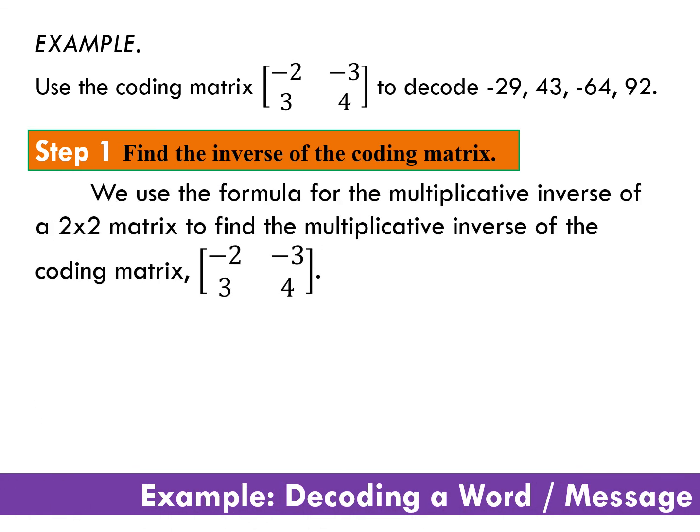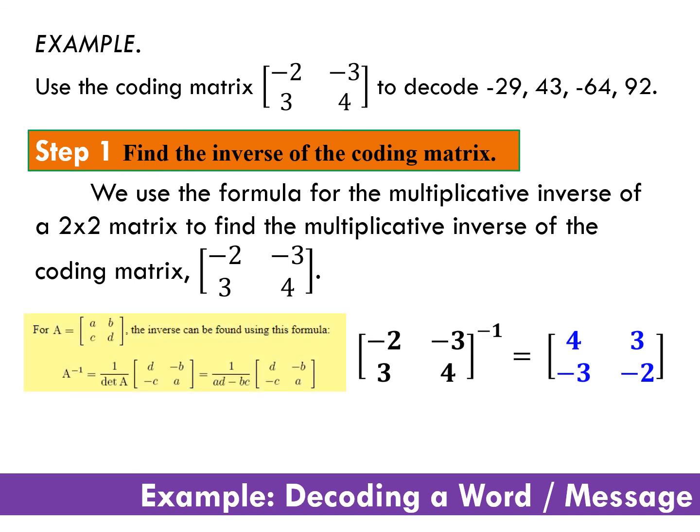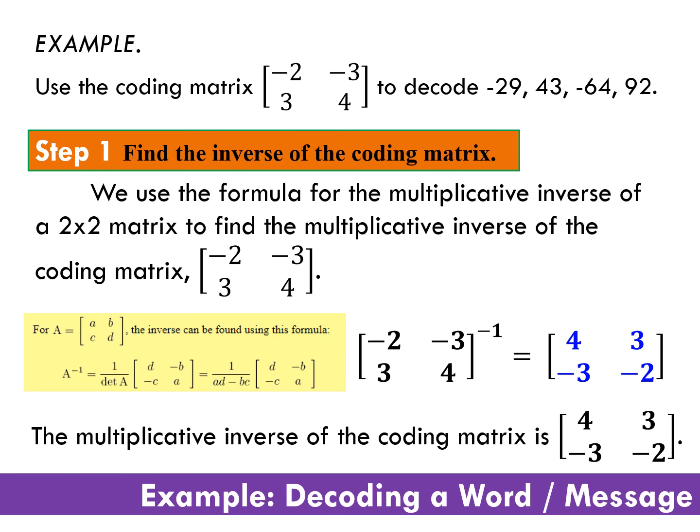Since in our example, our coding matrix is a 2 by 2 matrix, we shall use the formula for the multiplicative inverse of a 2 by 2 matrix to find the multiplicative inverse of the coding matrix -2, 3, -3, and 4. The multiplicative inverse of the coding matrix is 4, -3, 3, and -2.